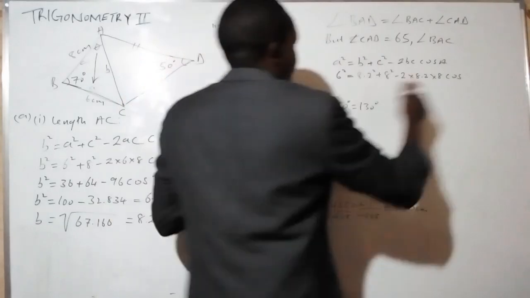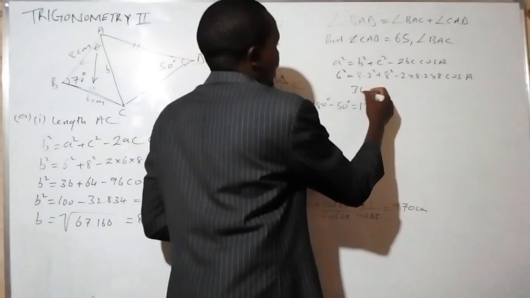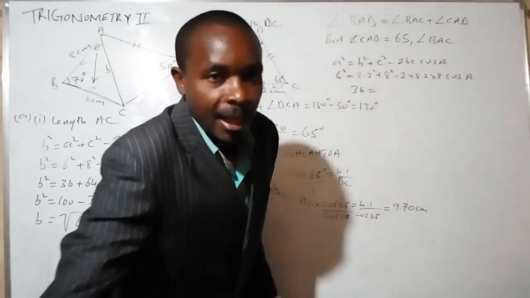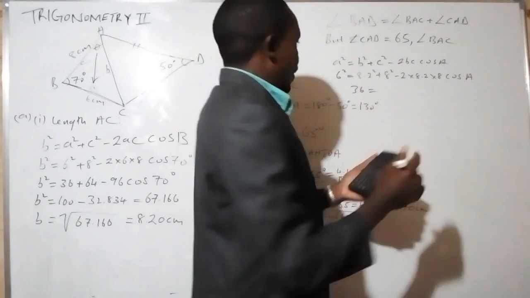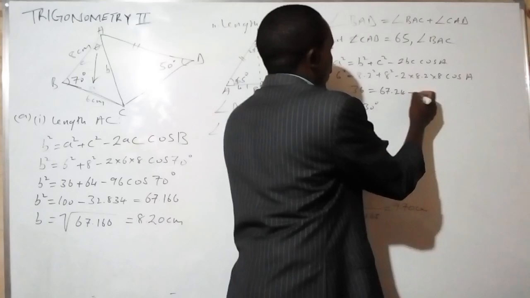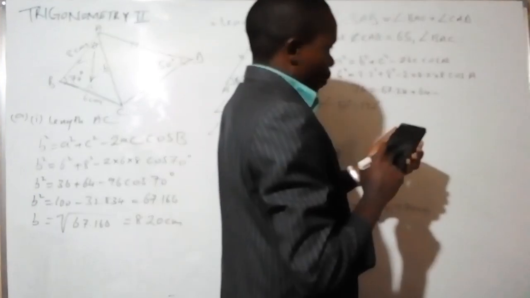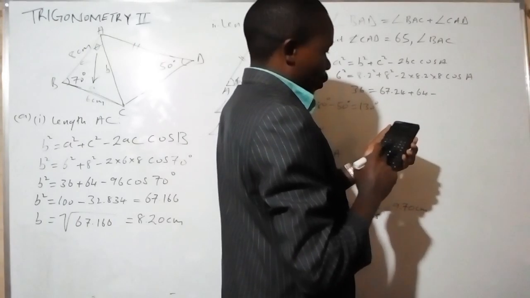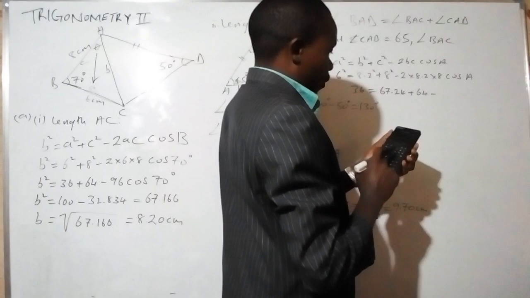6 squared is 36, is equal to 8.2 squared, which is 67.24, plus 8 squared is 64, minus 2 times 8.2 times 8.